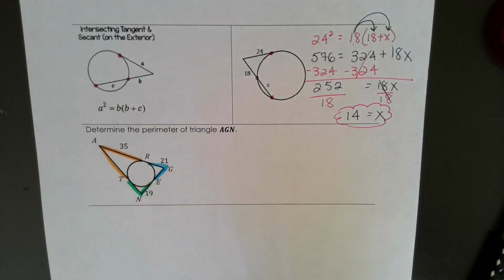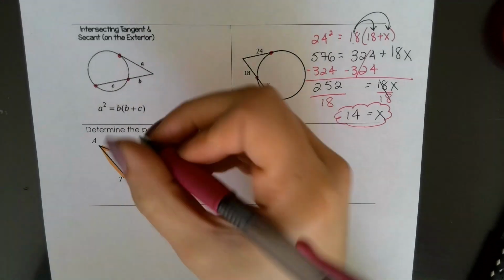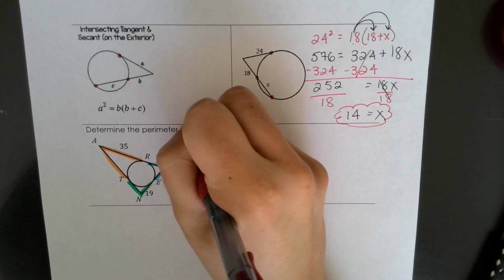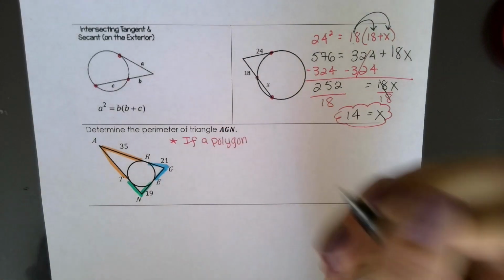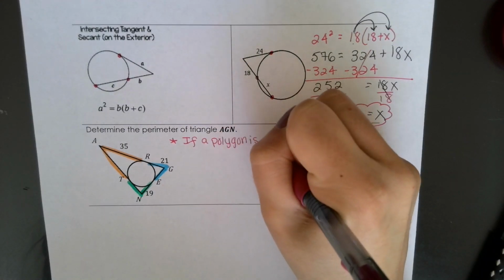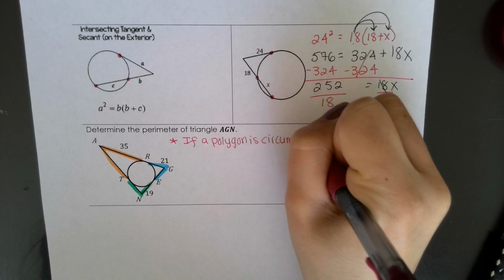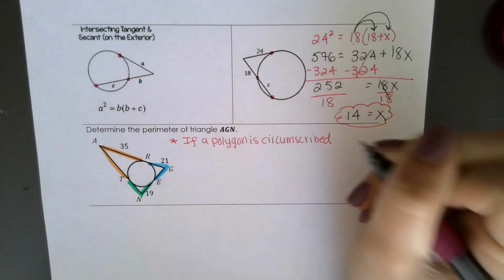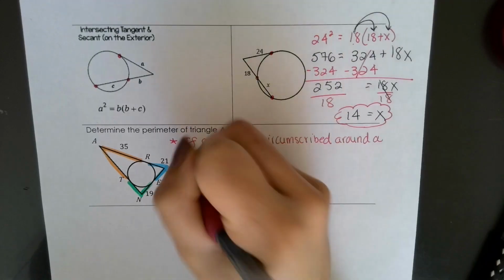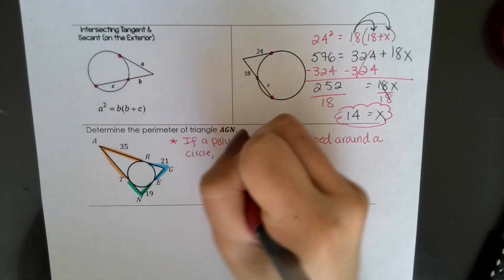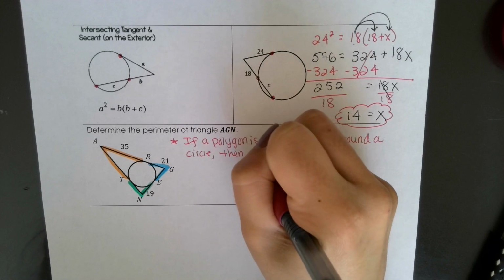The reason why, so anytime a polygon, your closed figure, is circumscribed around a circle, then all sides are tangents.